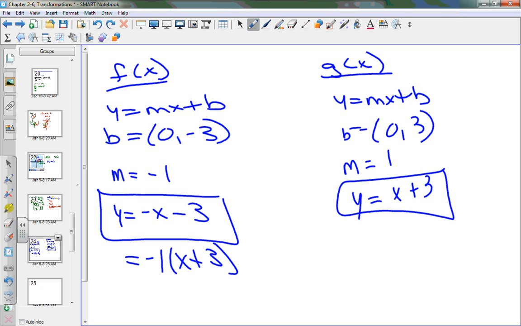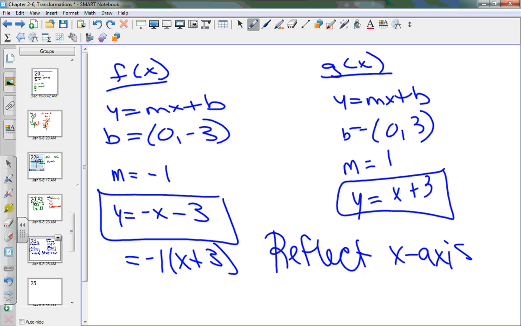I'm reflecting over the x. Clearly, if you fold this hamburger style, what happens to those little graphs? Look at your paper. They match up. So you can clearly see that this is a reflection over the x-axis. Do we understand that?